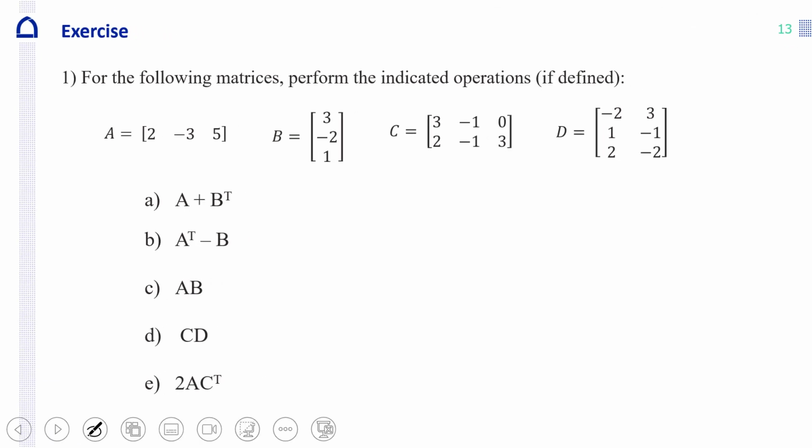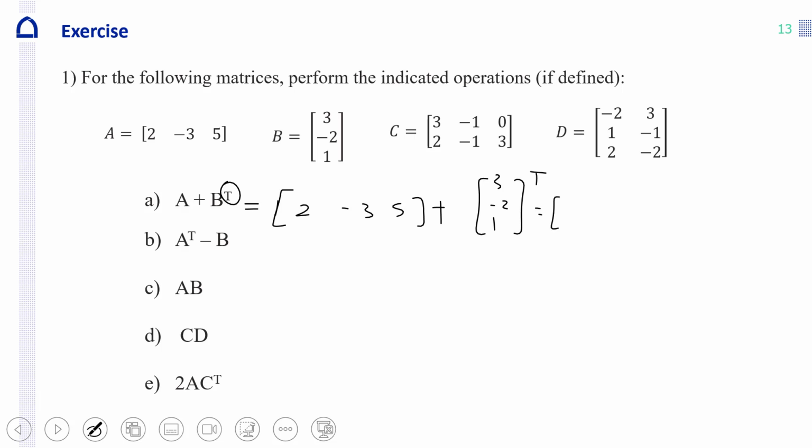Let's go and do this one. He would like you to get A plus B transpose. So first, we write A, 2 minus 3, 5, plus B. What's B? 3 minus 2, 1. But B transpose. Okay?